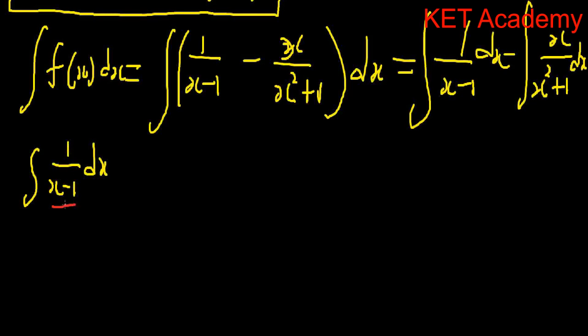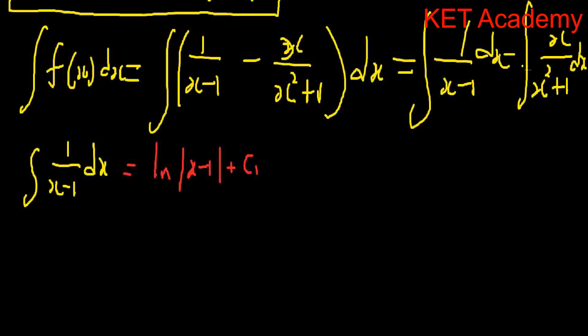Therefore, the derivative of the denominator is equal to the numerator. Our result will be the ln of the absolute value of x minus 1, plus a constant c1.